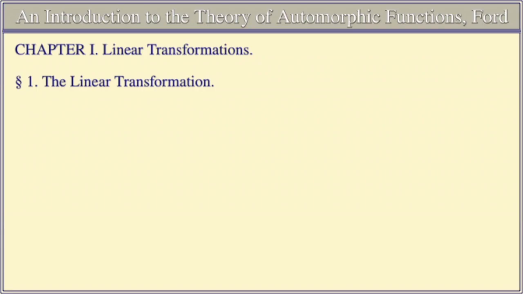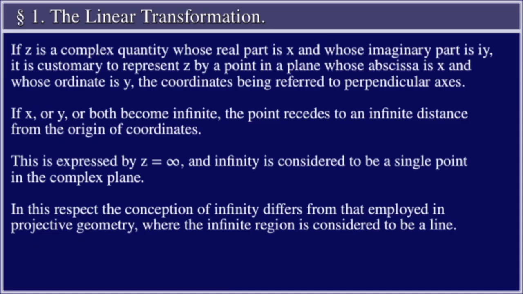The Linear Transformation. If z is a complex quantity whose real part is x and whose imaginary part is iy, it is customary to represent z by a point in the plane whose abscissa is x and whose ordinate is y, these coordinates being referred to perpendicular axes.